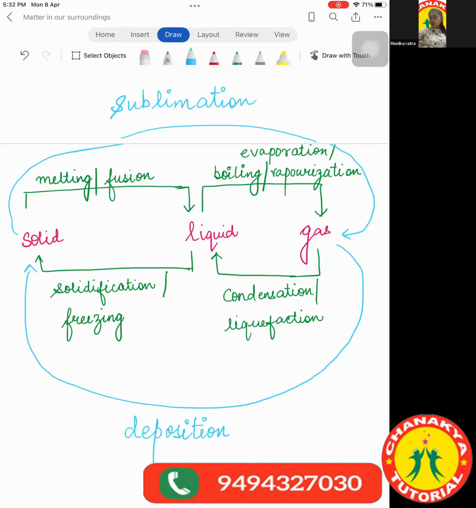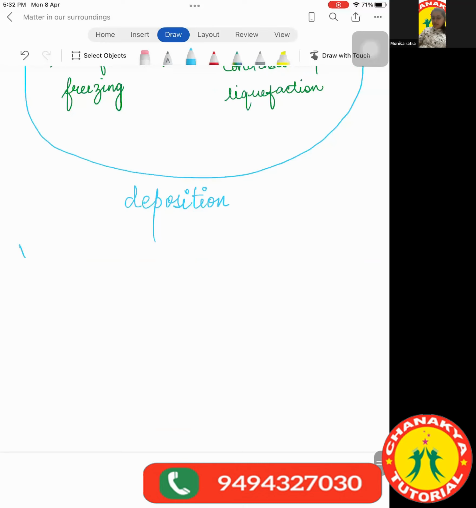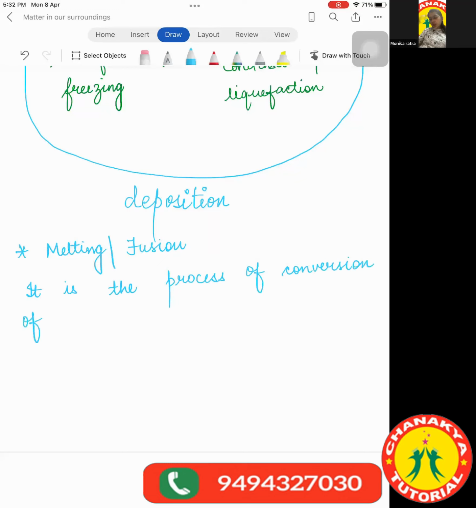Let us start with the first term, which is melting or fusion. So it is the process. You may write it because today's homework would be to learn these definitions only. It is the process of conversion of solid to liquid on heating, specifically on heating.